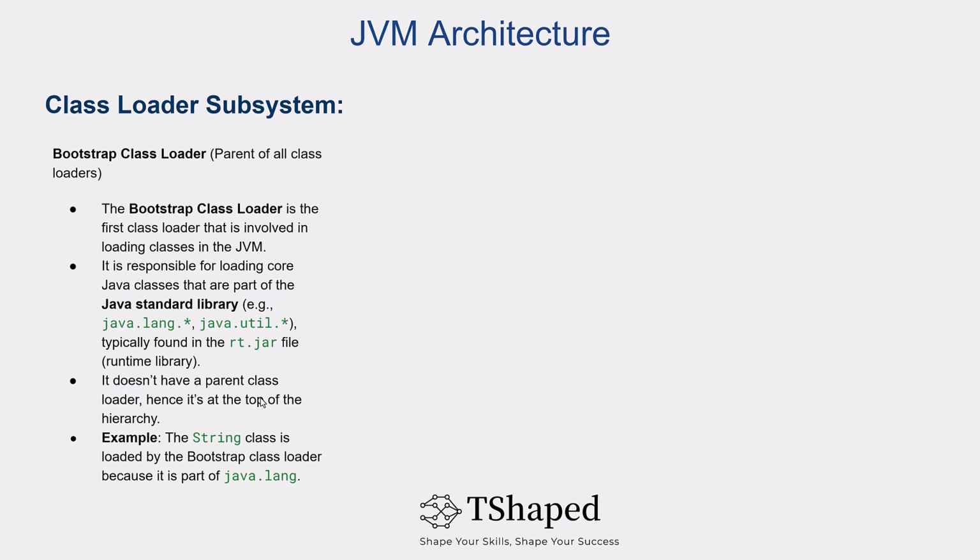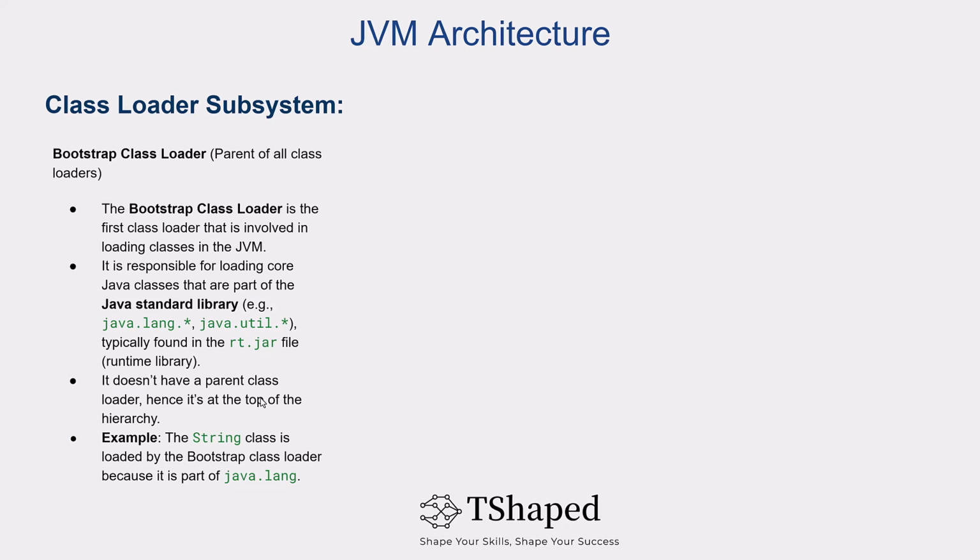Whenever you download the JDK from Oracle, from the internet, you will have all the library files, the JVM, the entire kit which is responsible for executing the Java code. And all the predefined classes which come under the java.lang package, util package and other packages are part of rt.jar. rt.jar is a jar file which has the predefined Java classes, or you can say library classes, which the Java team has coded for you.